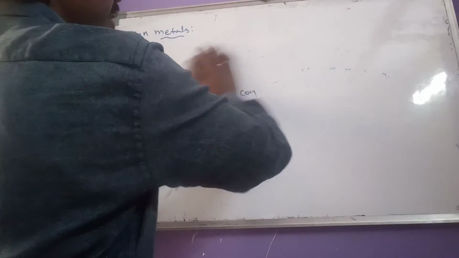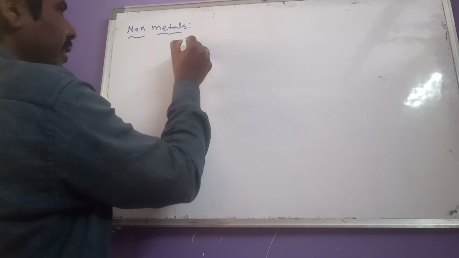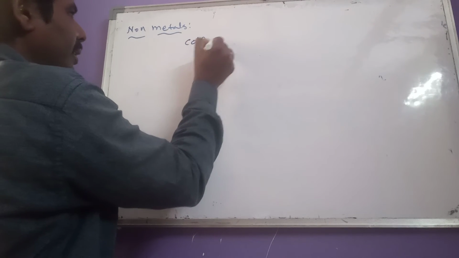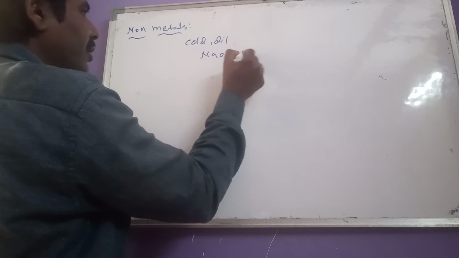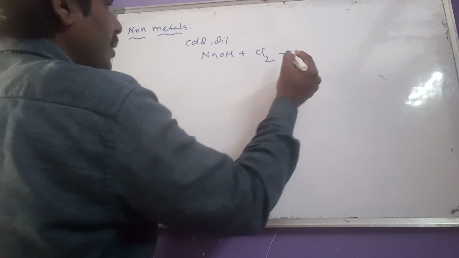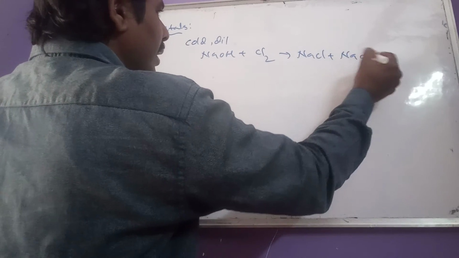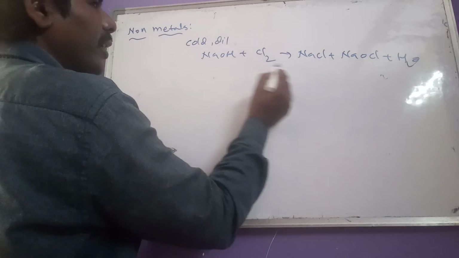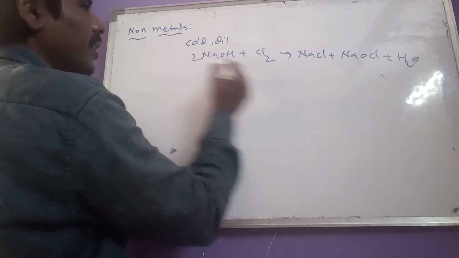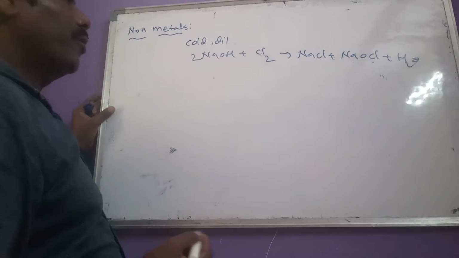Now for the remaining halogens, chlorine, bromine, etc., let us see what products they give. Cold and dilute NaOH treated with chlorine gives NaCl plus NaOCl plus H2O. So we get sodium hypochlorite.